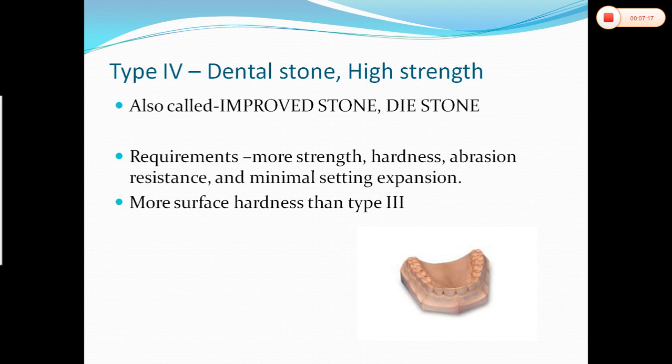Only then will the wax pattern you make come out exactly like a natural crown or natural tooth. So carving the wax with a sharp instrument should not produce any abrasions or lines on the cast. That's why we have to use die stone for preparing a die on which the wax pattern will be fabricated.